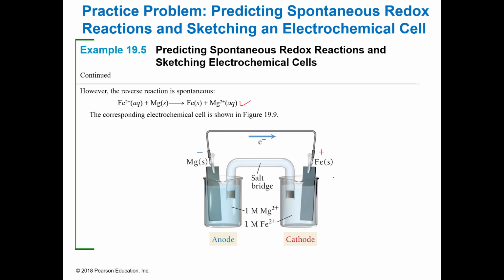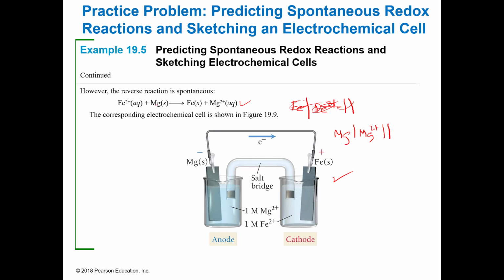And then being able to look at this balanced chemical equation here and translate it into a diagram like that. Or even better, be able to write this in shorthand. Magnesium, and then you would have magnesium 2 positive, and then you would have a barrier.